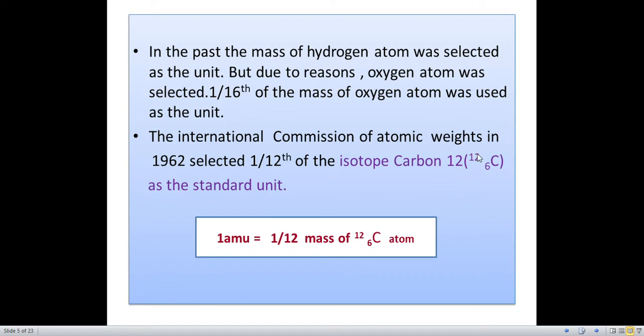You know this is the mass number of carbon-12, and this is the atomic number 6. So 1 amu equals 1/12 of the mass of a carbon-12 isotope atom. This is the unit we use to measure the mass of atoms, molecules, electrons, protons.